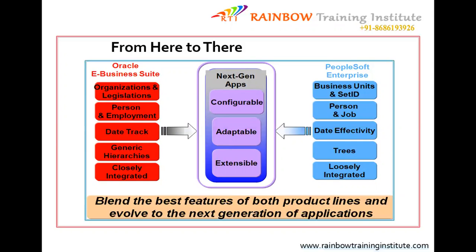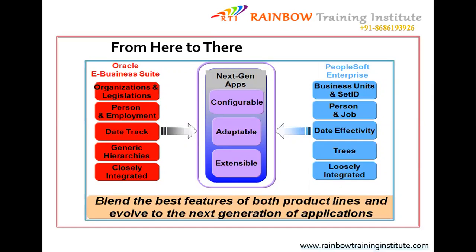And there are hierarchies in EBS, the position hierarchy, the organization hierarchy, the global hierarchy, where we define the complete organization structure. With the organization on the top, we may have the business group, under that different divisions, under that different business units, and under that different departments, and under departments different sub-departments.